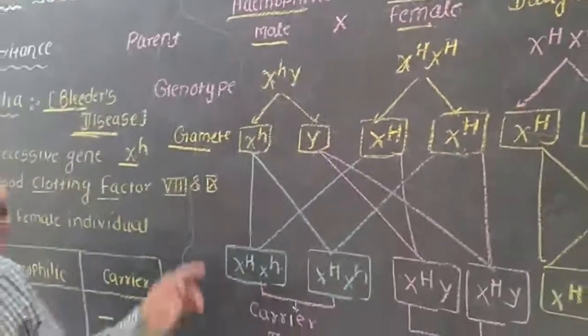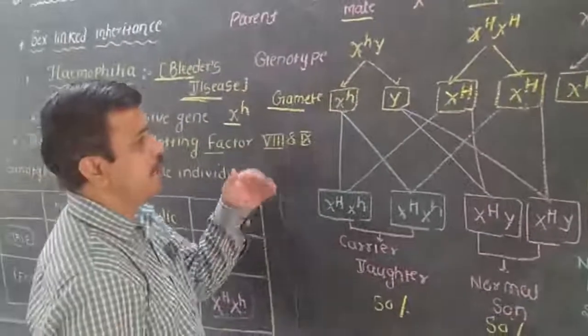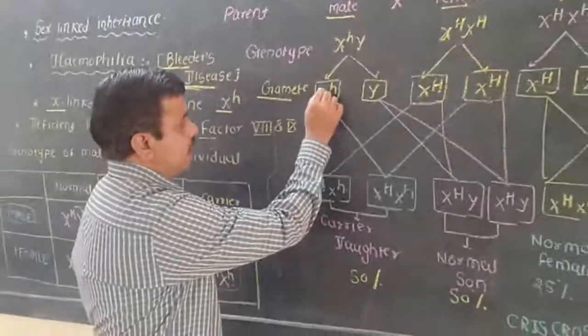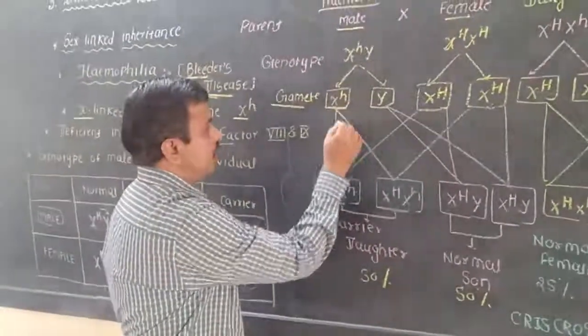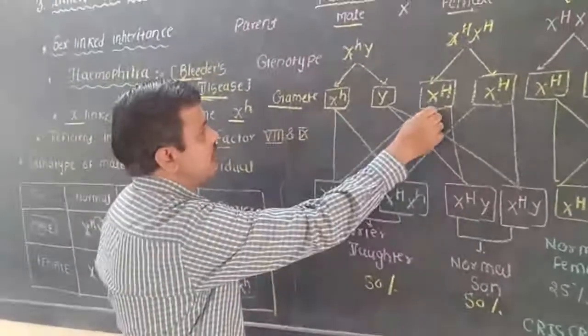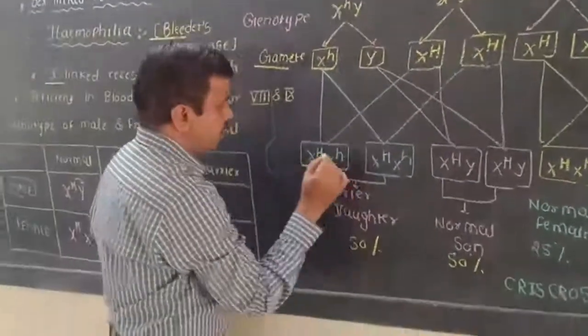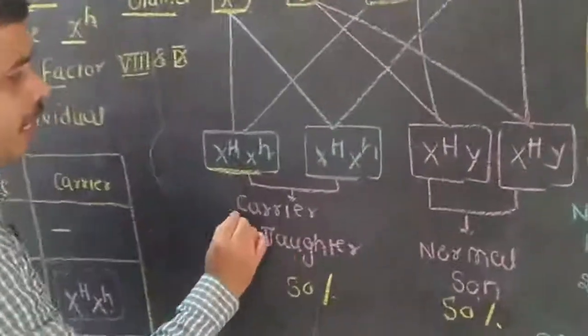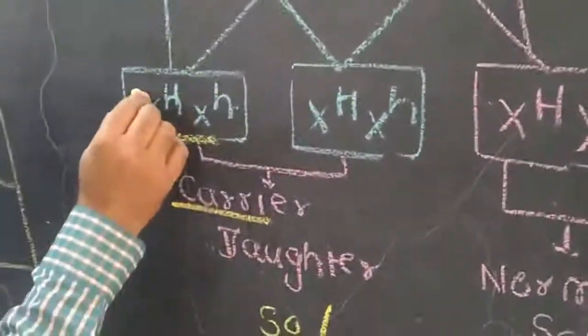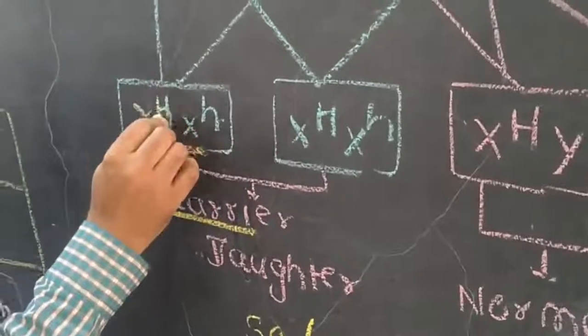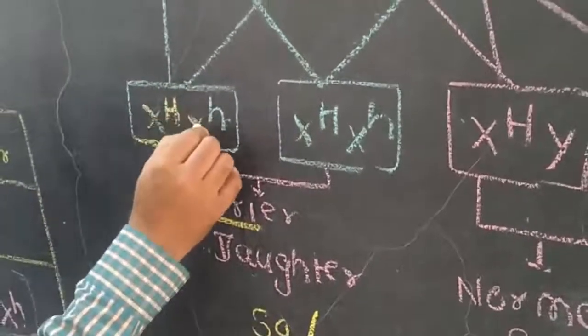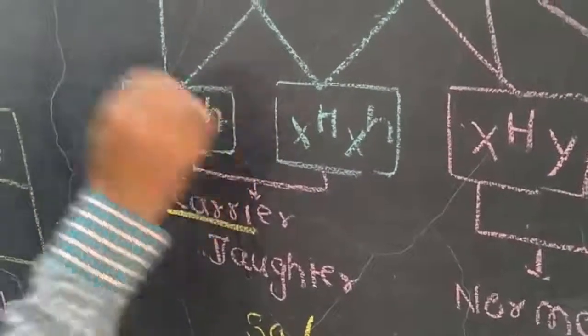Now the next stage, fertilization, takes place. Here the sperm fuses with the egg to produce a new offspring, and this offspring will be a carrier, because one X chromosome has the dominant gene and the other X chromosome contains the recessive gene.